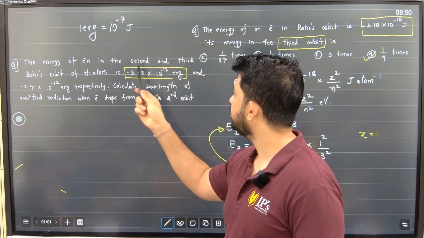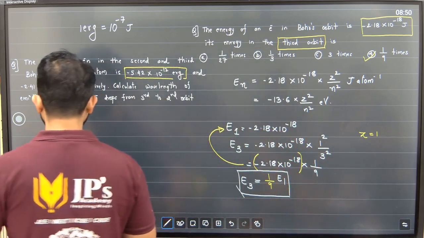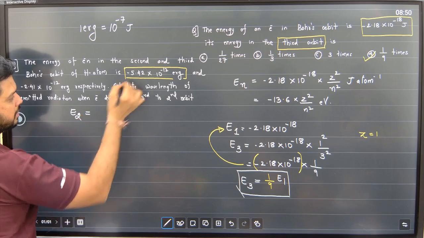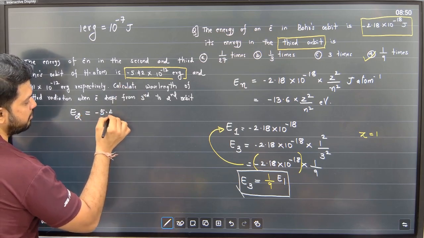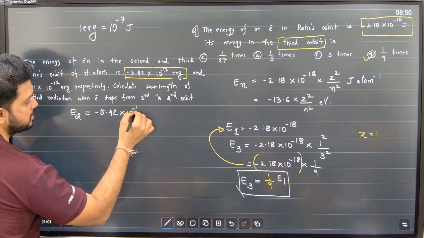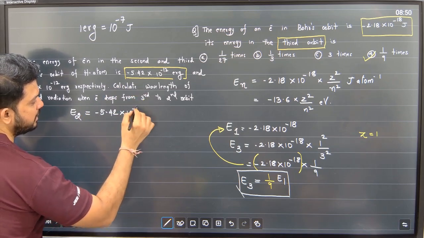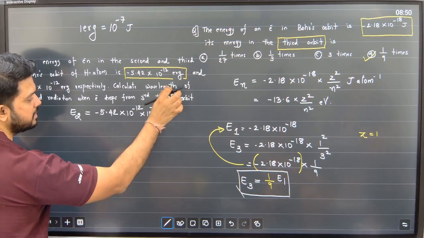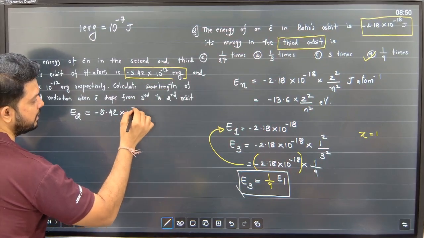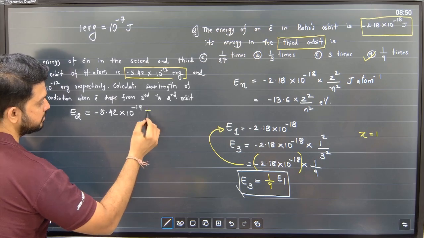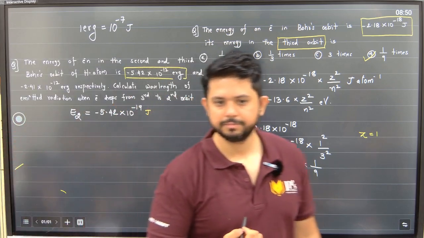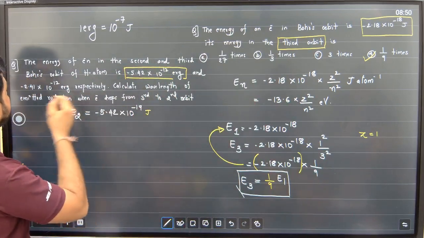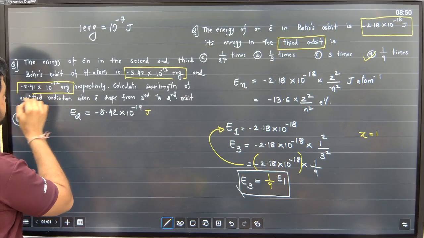So the energy of the electron in the second Bohr orbit. So they've given us E2. How much is the energy, people? Minus 5.42 into 10 raised to minus 12. Can I write that in terms of joules as 10 raised to directly minus 19 joules? And the energy in the third orbit, how much is that?